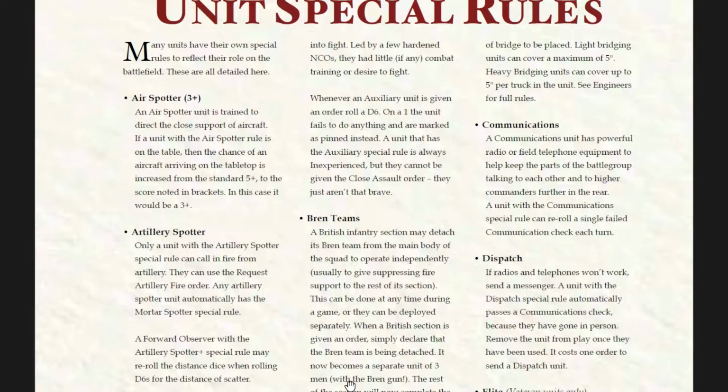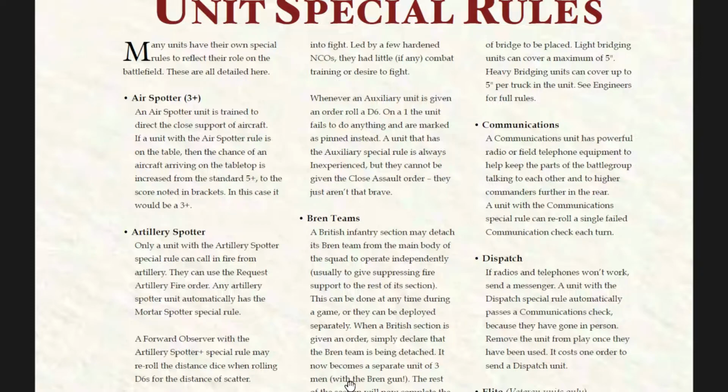Okay, now there's a bunch of rules before the Bren teams. Behind enemy lines. Some specialist units operate ahead of the reconnaissance units, deep in enemy territory. Like me, I used to be a Pathfinder, mostly gathering intelligence and helping sow confusion.